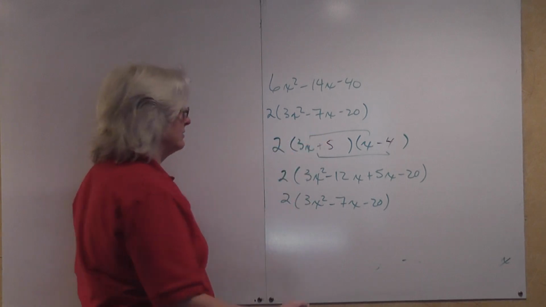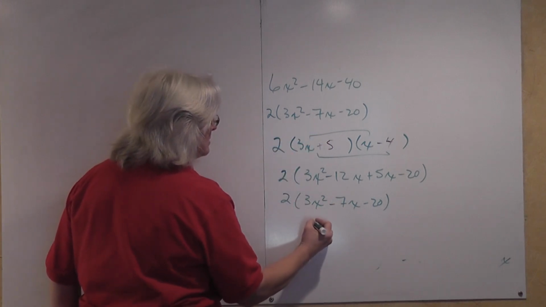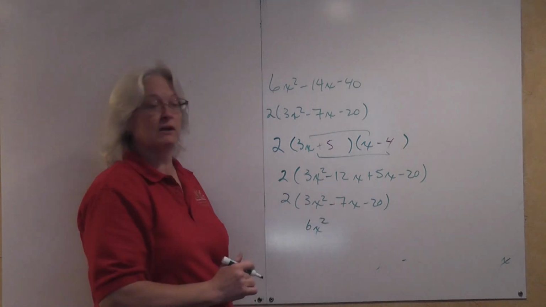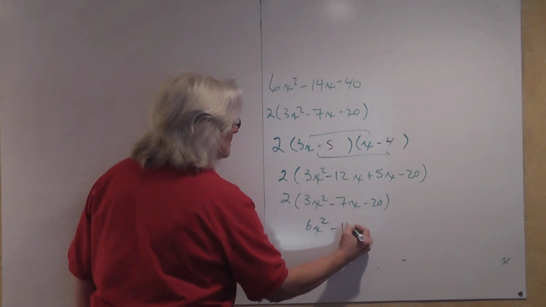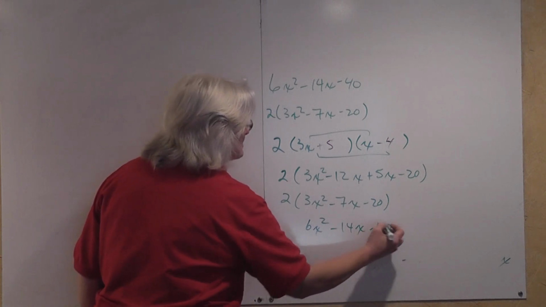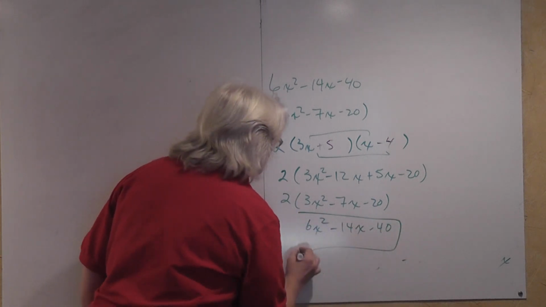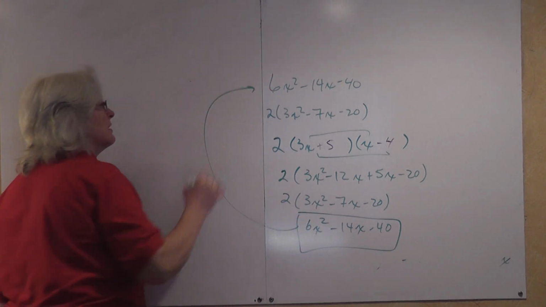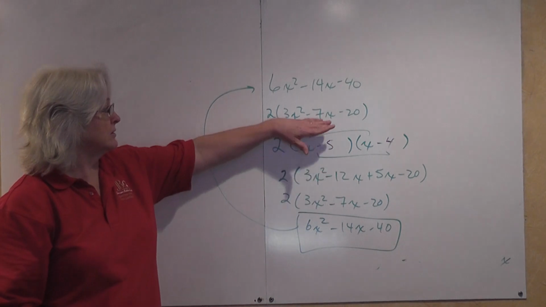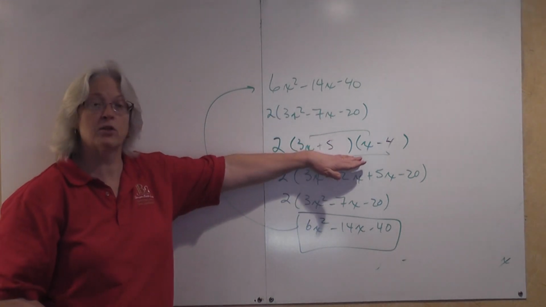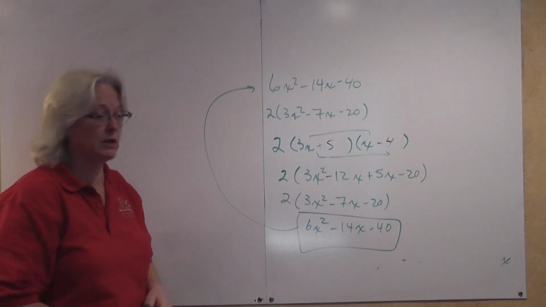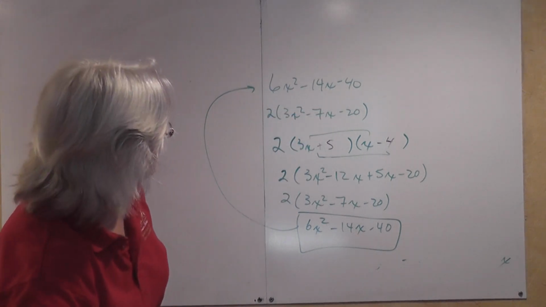Now we distribute the 2: 2 times 3x squared is 6x squared, 2 times negative 7x is negative 14x, 2 times negative 20 is negative 40. And you have verified that the product of these three factors is 6x squared minus 14x minus 40.